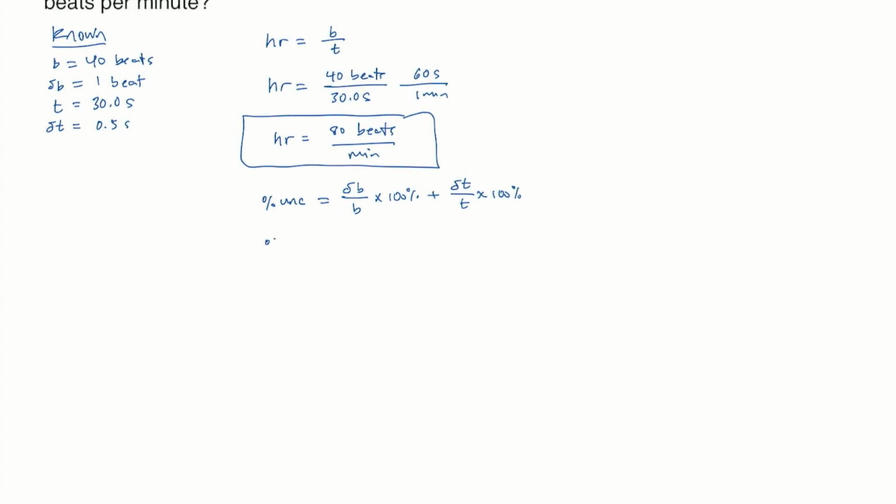Okay, so the percent uncertainty is 1 beat divided by 40 beats times 100% plus the 0.5 seconds divided by 30.0 seconds times 100%.